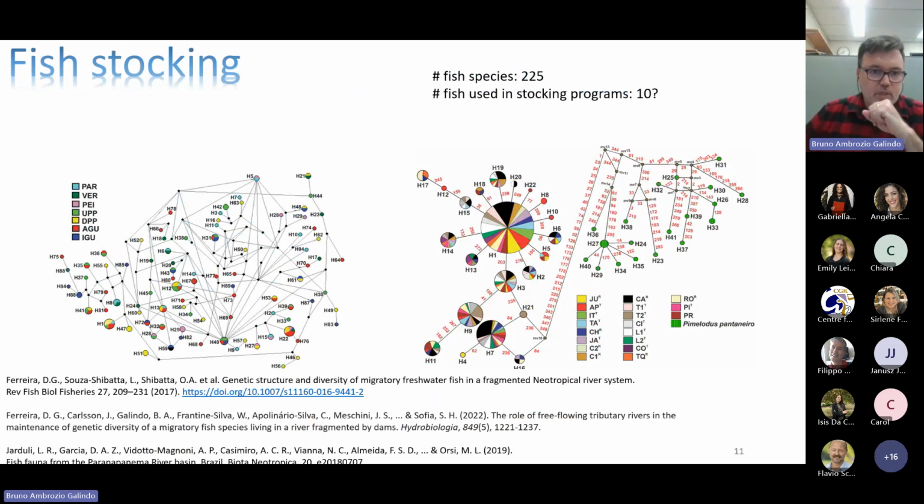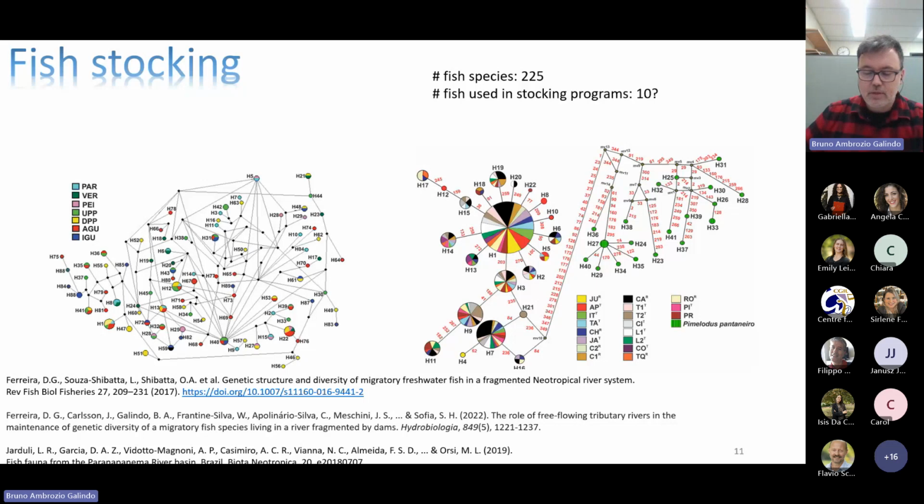For example, usually they use a small number of species in these programs. For example, I told you in the Paranapanema watershed we have about 225 species, but I can't imagine one stocking program with more than 10 species.